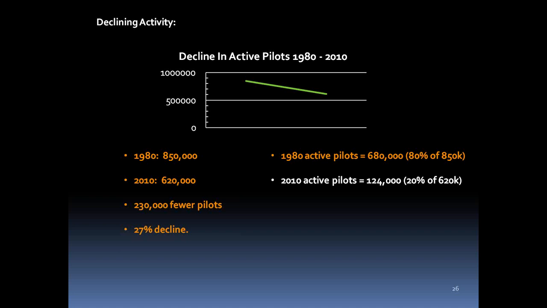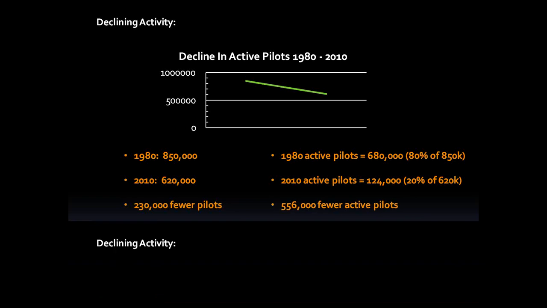About 20% of us are active pilots, meaning flying more than 5 hours a month right now. That's only 124,000 pilots. That means there's over 500,000 fewer really active pilots, pilots who fly frequently. That's an 82% decline. So if those numbers on the right are anywhere near accurate, we've had a major decline in the activity among current pilots.